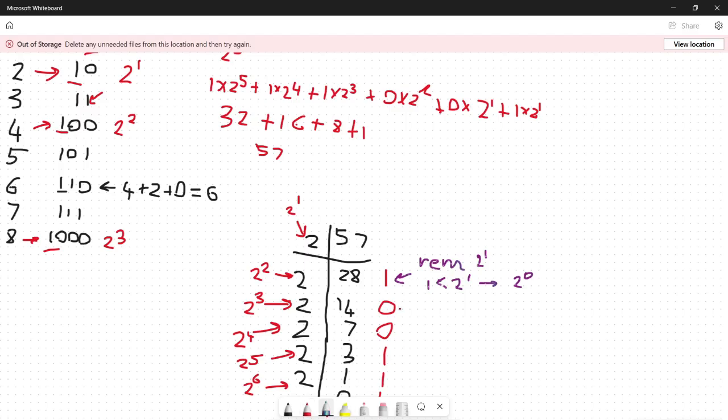Now, let's take a look at the next one. That is the remainder of 2 to the 2. So this 0 must be less than 2 to the 2.